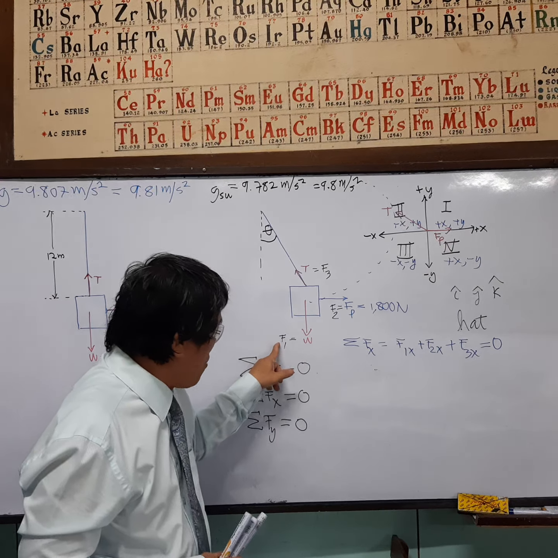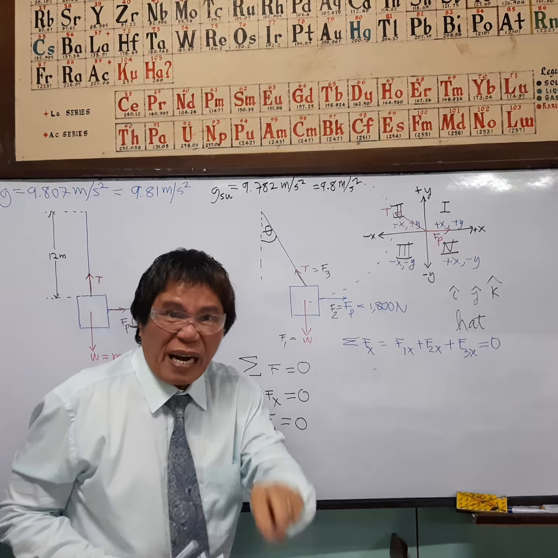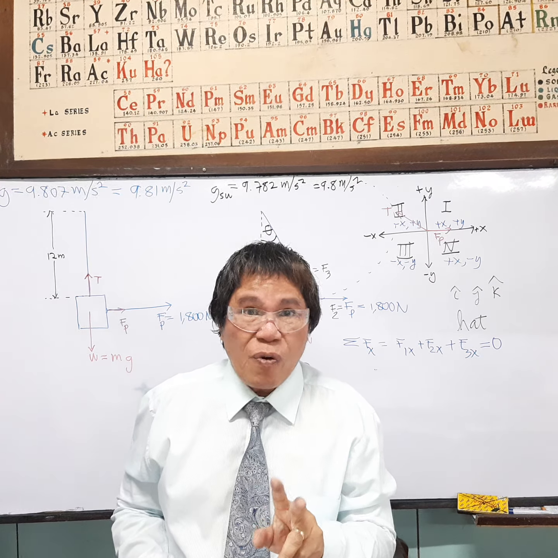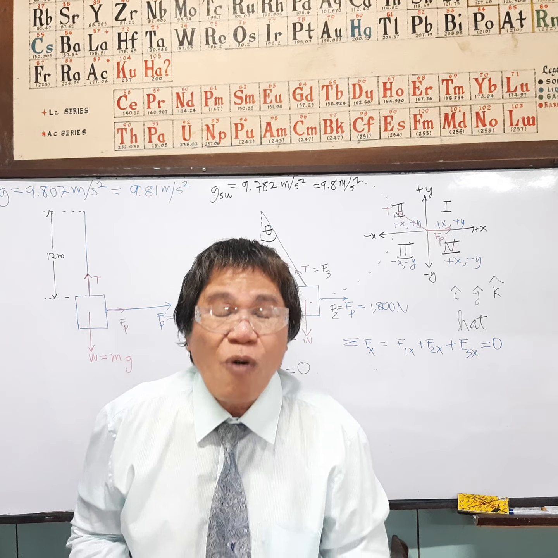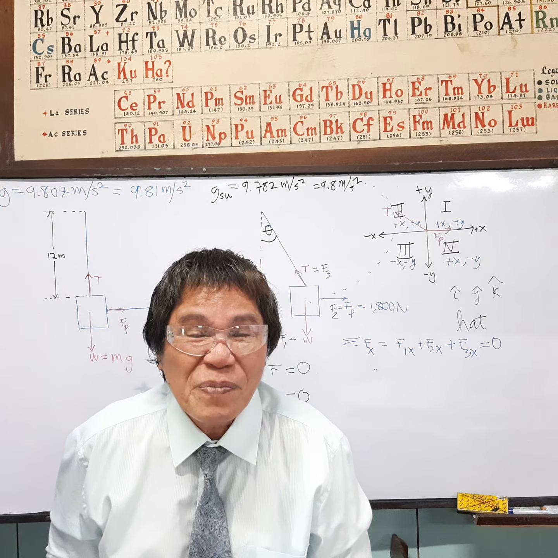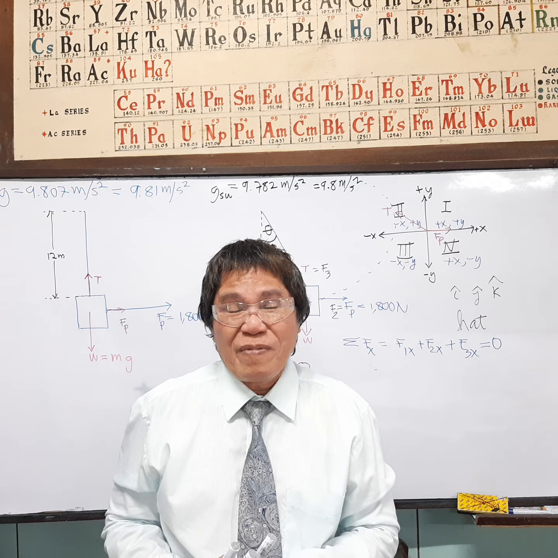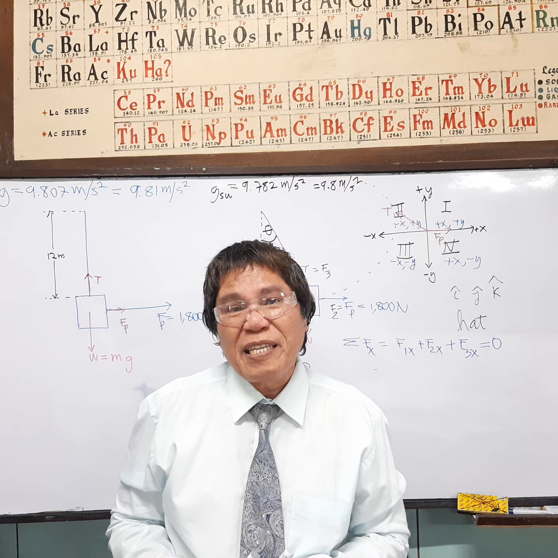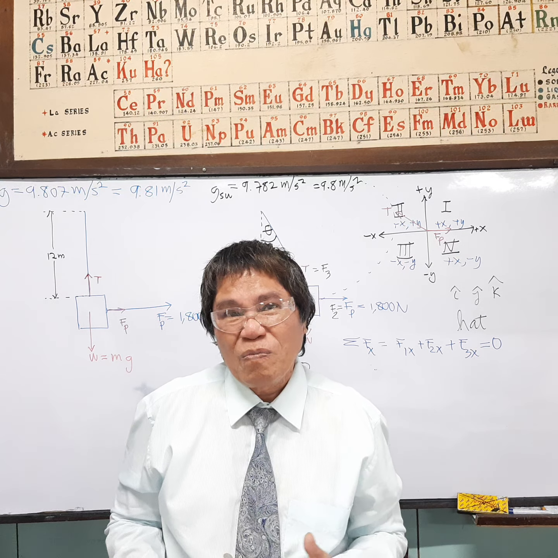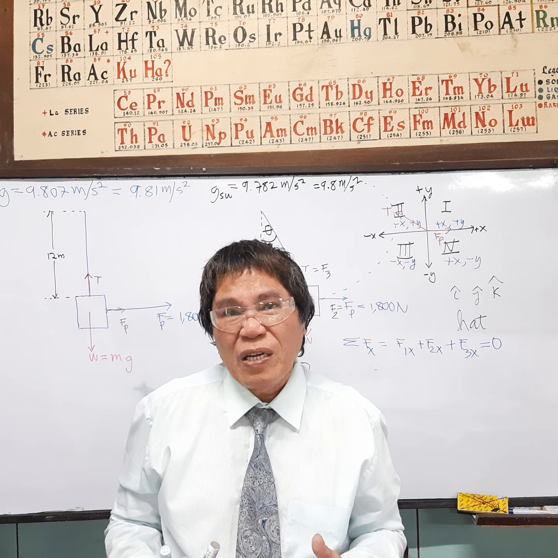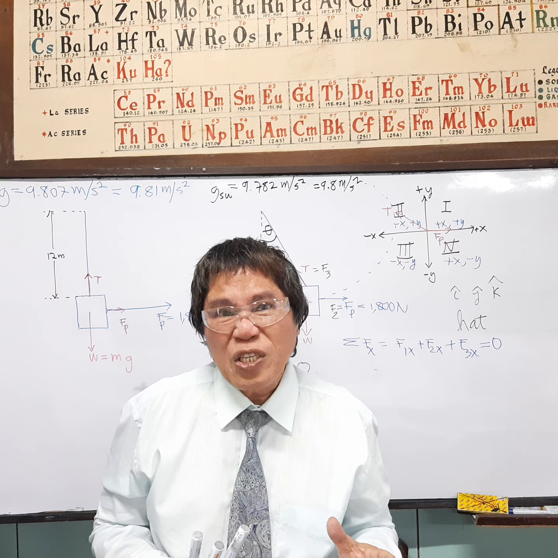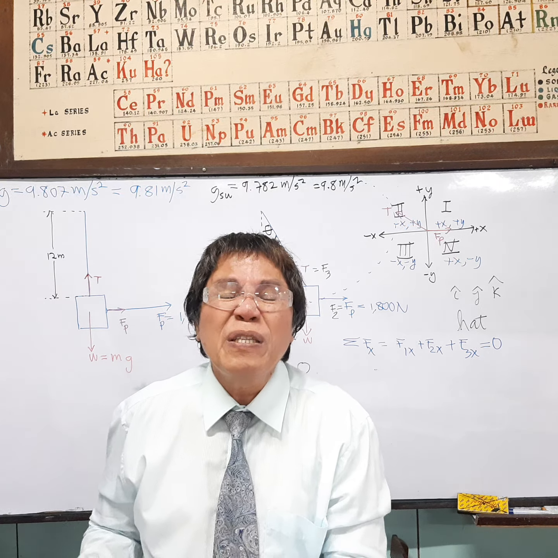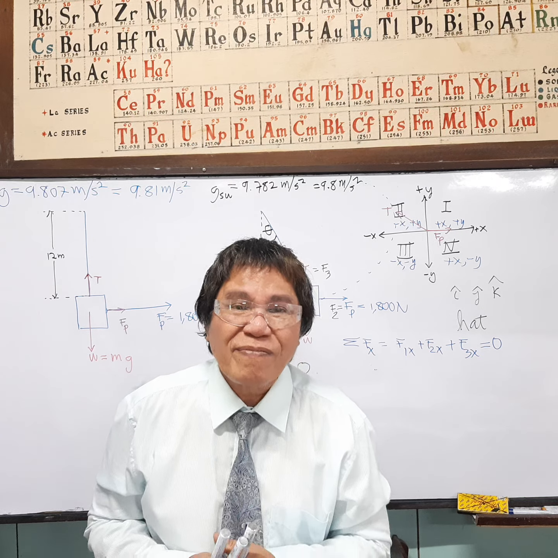And for every force there are two components: the component of the force along the x-axis and the component along the y-axis in a two-dimensional system. As I told you, it would be better if we solve that in a three-dimensional system. However, the same working principle will be applied to three-dimensional system, only there are additional variables.